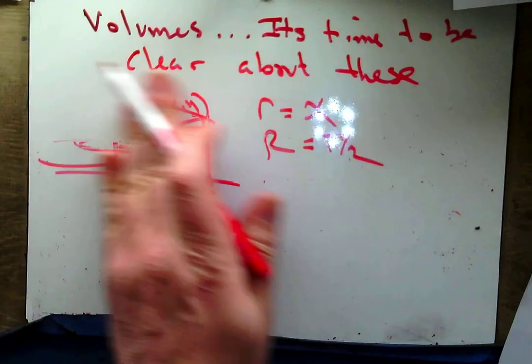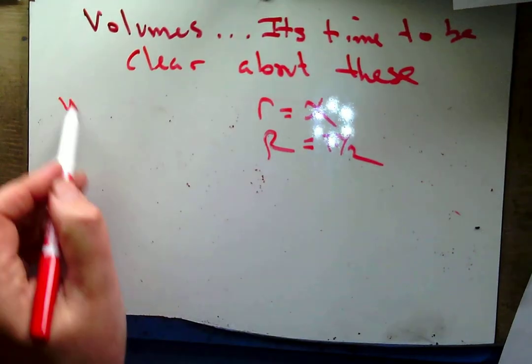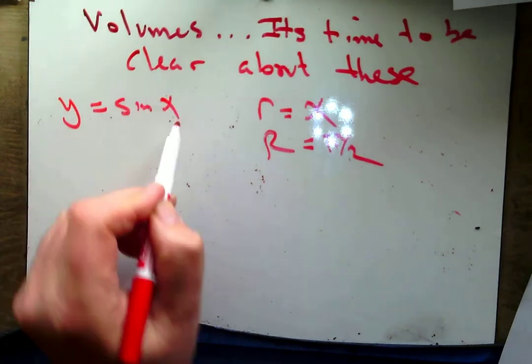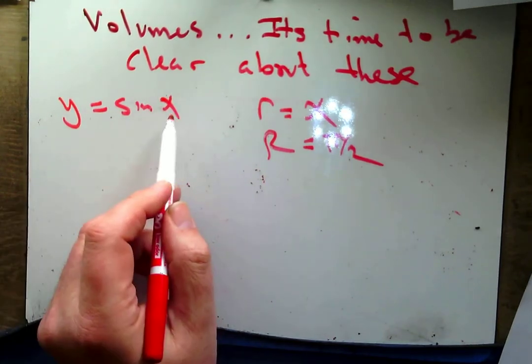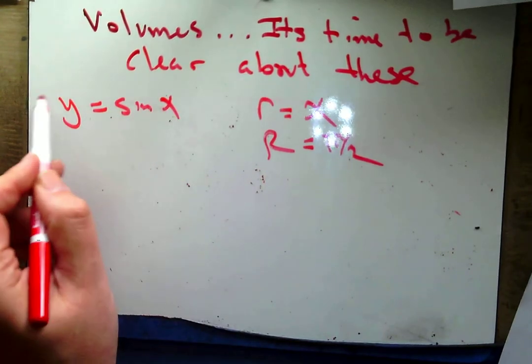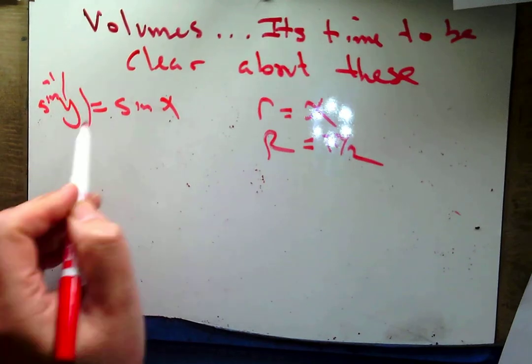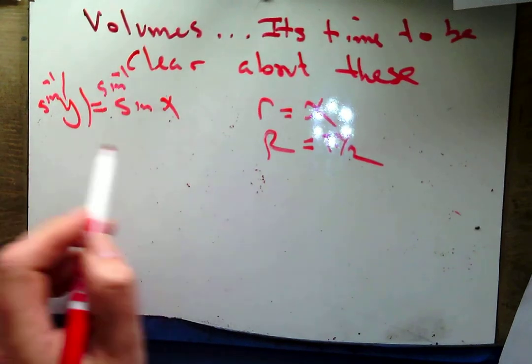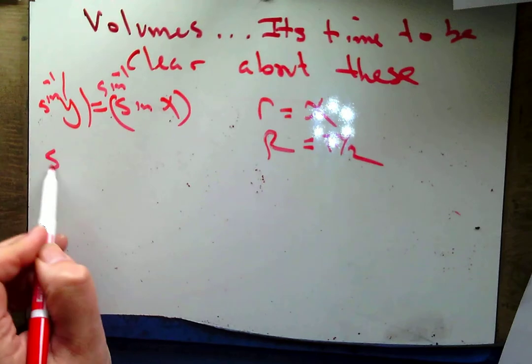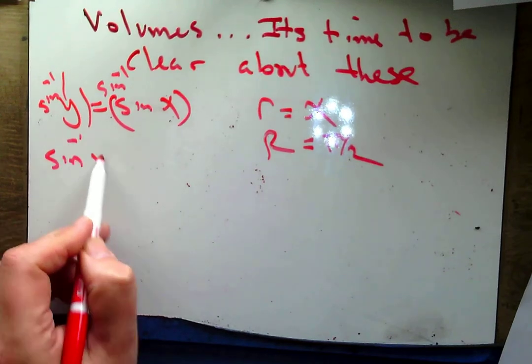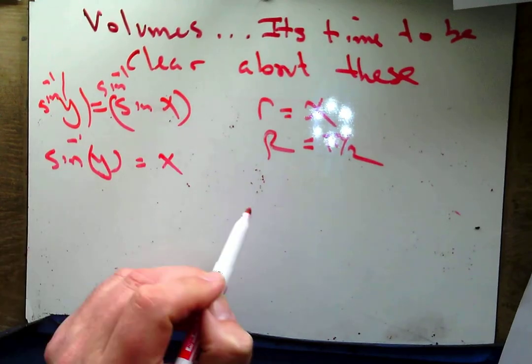So let's see what we remember. This is sine x, and I'd like to solve this equation so it says x equals. To do that, I need to take the inverse sine of both sides. And so I end up with inverse sine of y equals x.